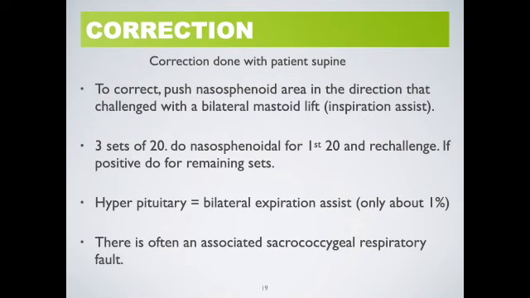You're going to do 3 sets of 20. You're going to be pumping the mastoids while you're gently challenging that nasosphenoidal area. Now, there's a note here, hyperpituitary is when you find that they, and I actually have never looked for one, I've never found one of those.